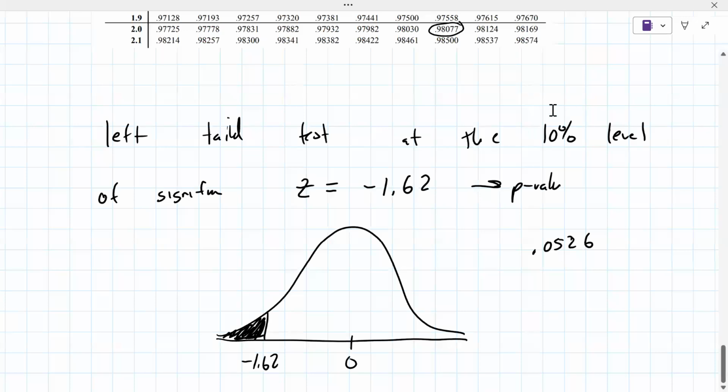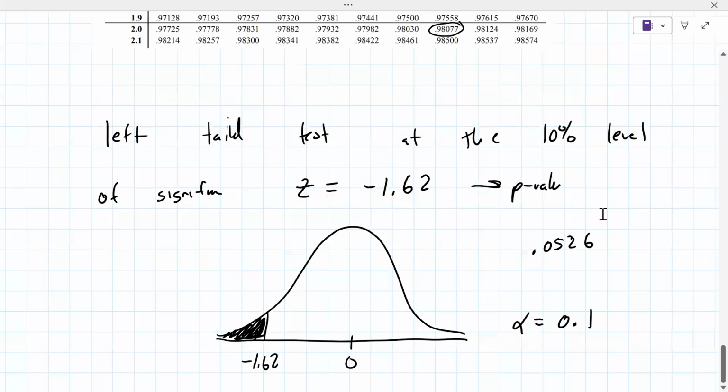So 10% significance level, what is the alpha? What does that mean for alpha when it says 10%? Do you remember that? Alpha would be 0.1.